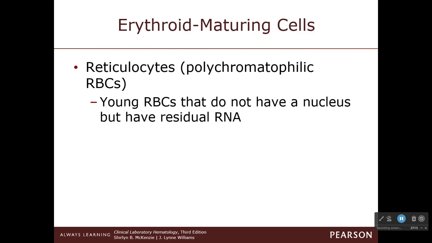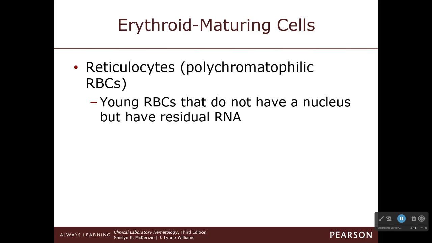The reason why is because they're not mature yet. Size decreases as they mature in all cells. We talked a little bit about this in the white blood cells: the larger the size, the more immature the cell is, usually.